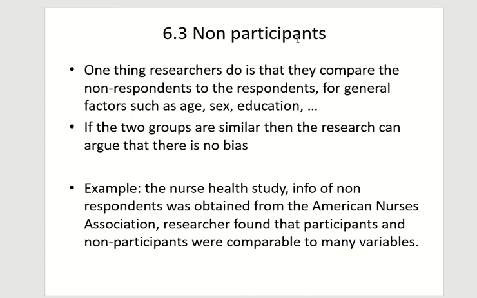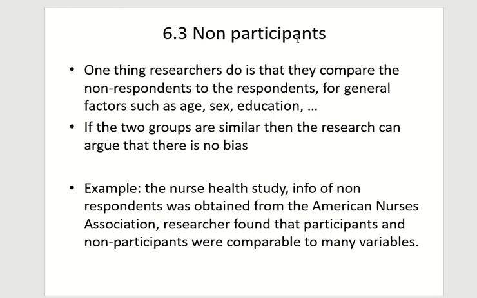So if I compare my group that participated to all nurses with regard to age, experience, specialty, and other things, and I find that those that participated resemble the general population, then I have no problem. However, if those that refuse to participate happen to have special characteristics, then I have a problem.